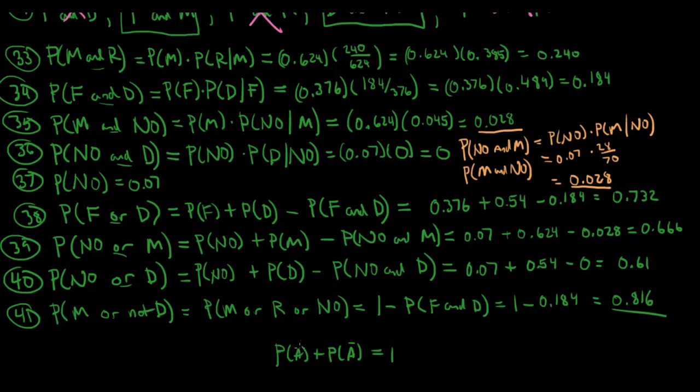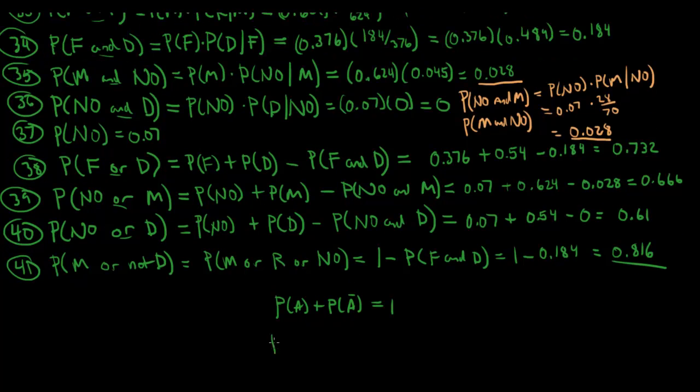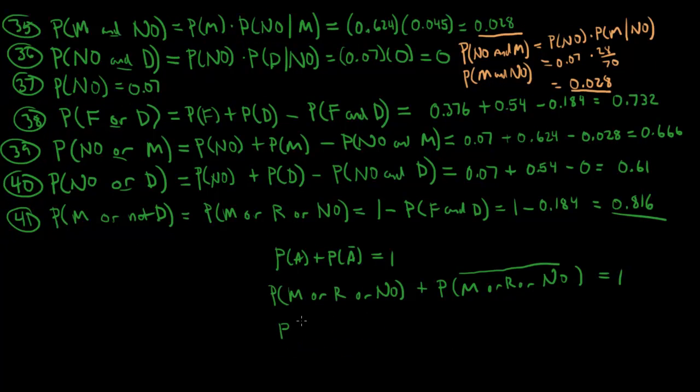Okay? So here we said, here's all the events, male, Republican, or no opinion. I guess I could say this specifically. We could say the probability of male or Republican or no opinion plus the probability of male or Republican or no opinion complement, those two things have to equal 1. Well, the probability of male or Republican or no opinion, that's what we're looking for.